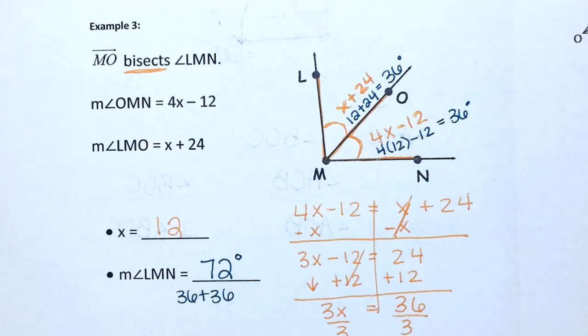You should not get a decimal for this problem. If you got a decimal, you did something wrong.